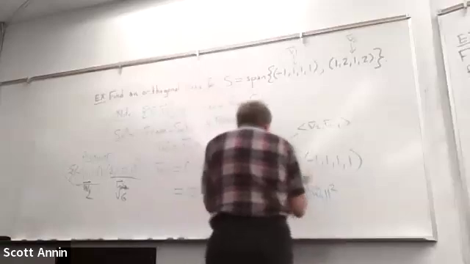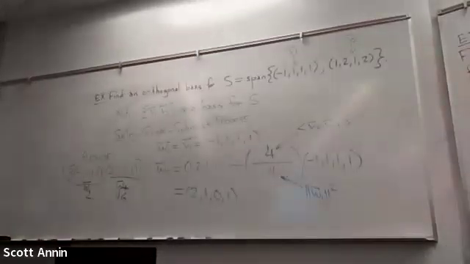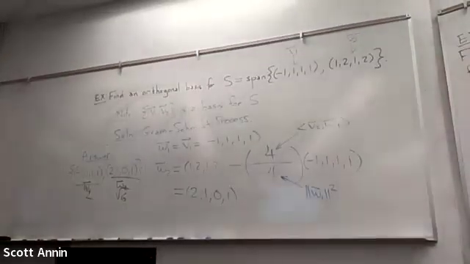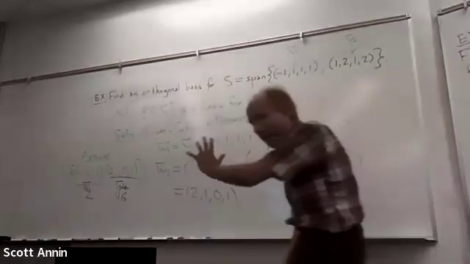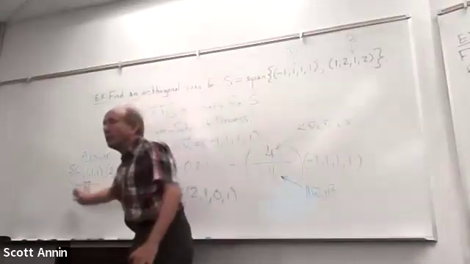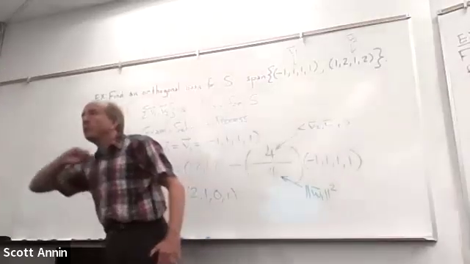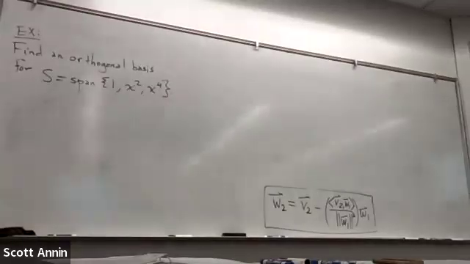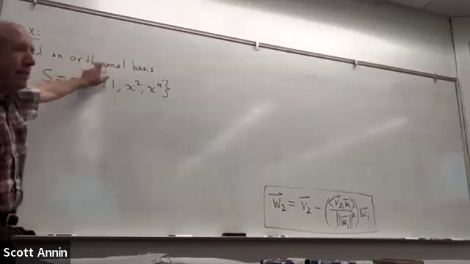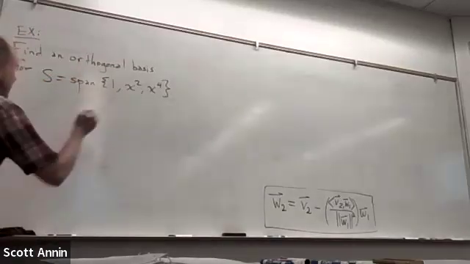And then all these calculations become much more tedious to do. So it's better to not normalize your vectors until the very end, after you have the orthogonal set. It's not that it's wrong to do it as you go along, but it's just messy. So on this problem, we're not going to do the normalization either. I just want to find an orthogonal basis.